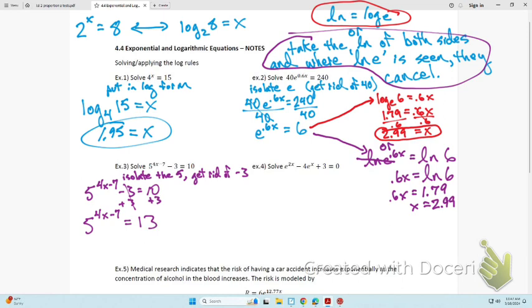Put it into log form. Log 5 of 13 equals 4x minus 7. And remember, log 5 of 13, that's just a number. Type it into the calculator, and you get 1.59. Add 7 to both sides, and divide by 4.